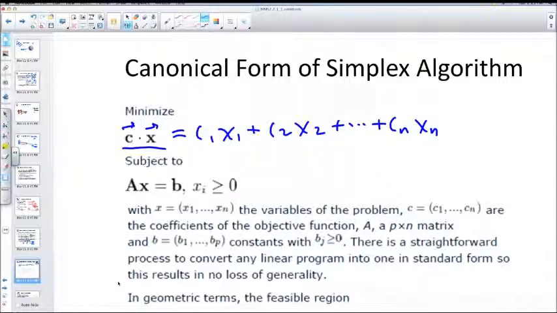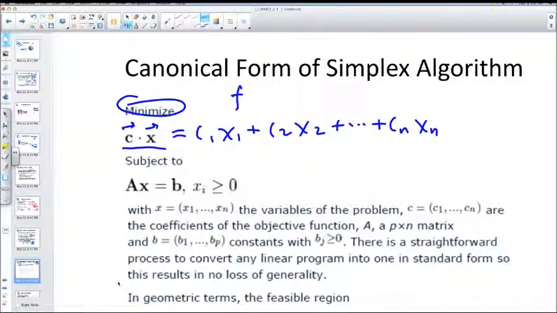You always try to minimize. So the previous question, we tried to maximize the productivity. How do you minimize? Well, you have two ways to do it. You can minimize the cost, or you can minimize the negative profit, the negative productivity.